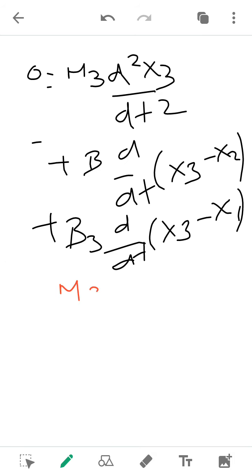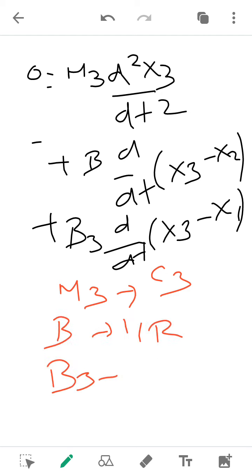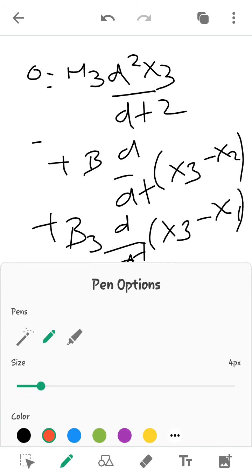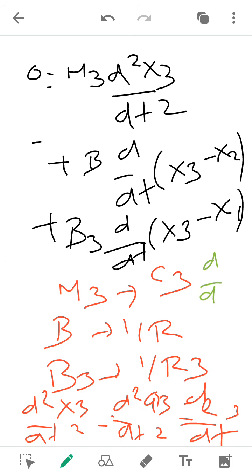We are to equate M3 as C3, B as 1 by R, B3 as 1 by R3, d squared x3 by dt squared as d squared phi3 by dt squared, that is equivalent to dE3 by dt. Then dx3 by dt will be equivalent to E3, in the same fashion.